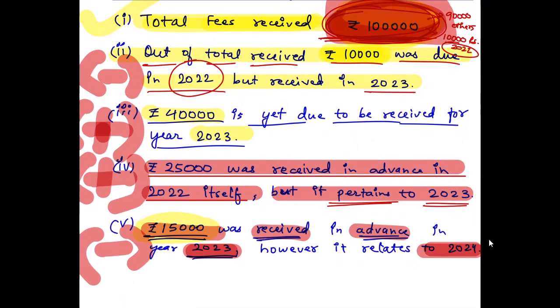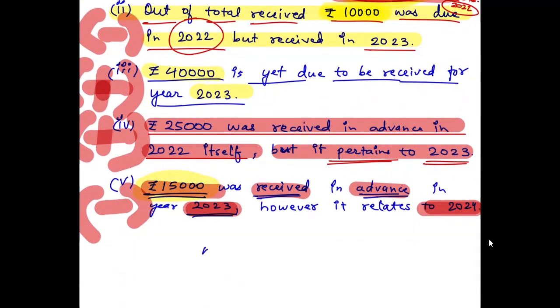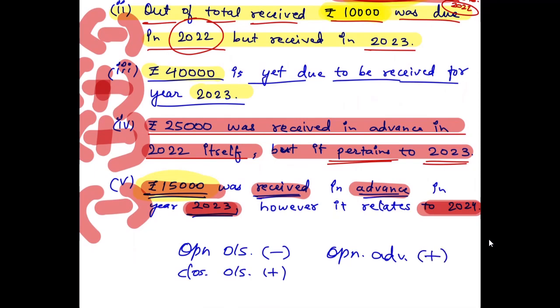In short, if I tell you what I have done, the opening outstanding needs to be deducted. The closing outstanding needs to be added. Then opening advance needs to be added and the closing advance needs to be deducted.